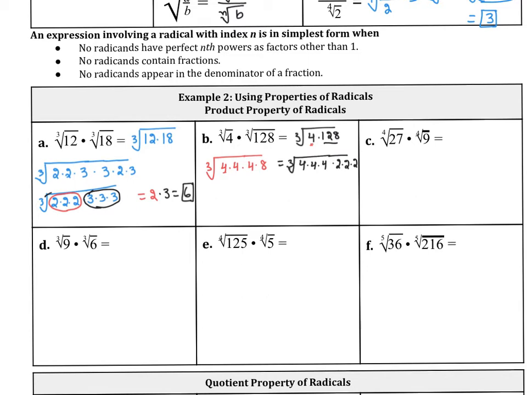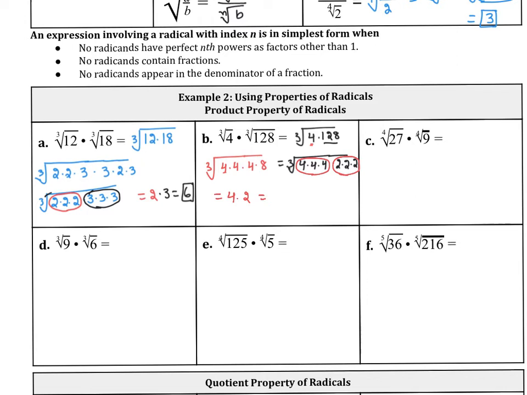In order to get out of the cube root symbol, you need to make a group of 3. So here the 4 and 4 and 4 make a group of 3, so 4 is out. The 2s also make a group of 3, so one number from each group gets out.